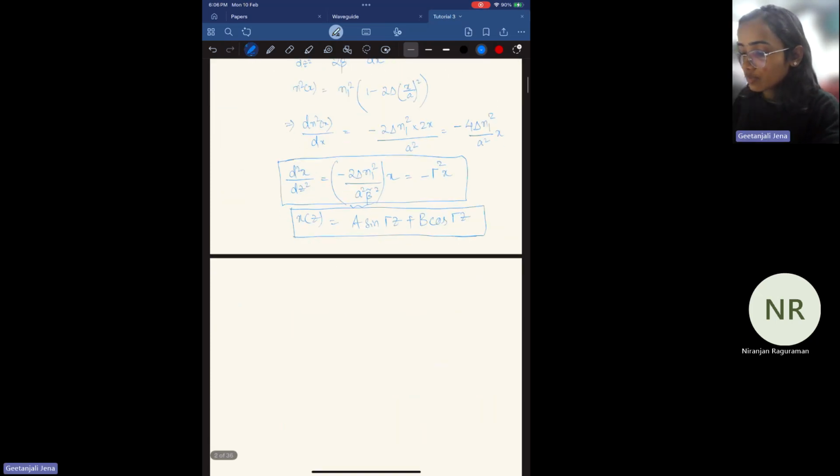So x0 is 0. This is boundary condition 1. If you put x equals 0 and z equals 0 in this equation, the a part is always 0 and the second part is b. So the constant b is 0 for this case. What we have now is x of z equals a sine gamma z.